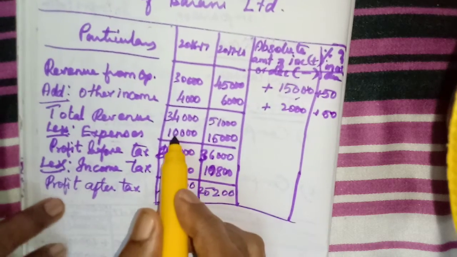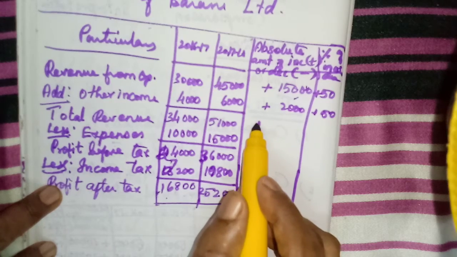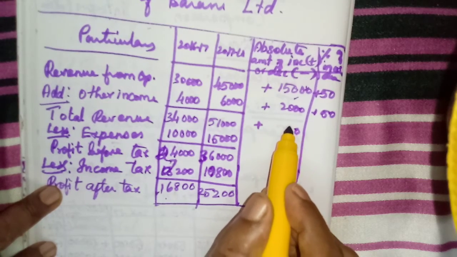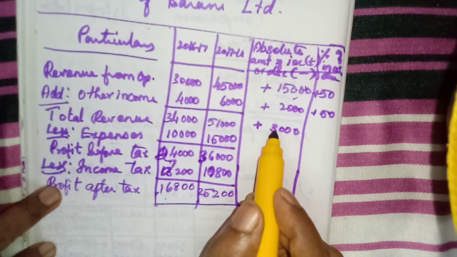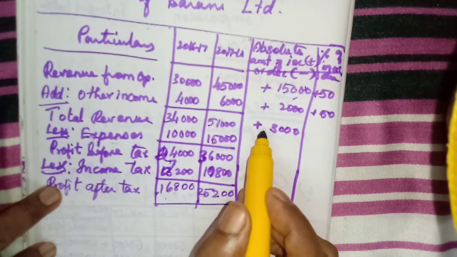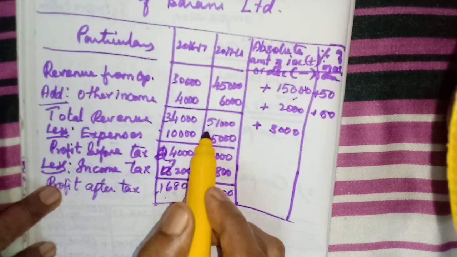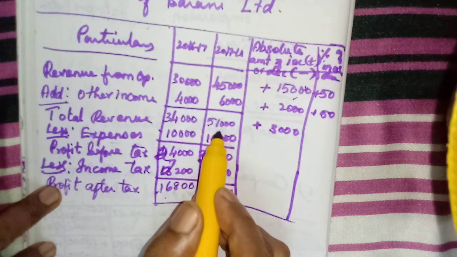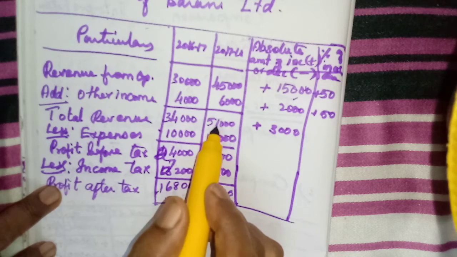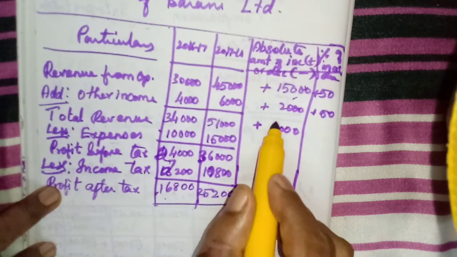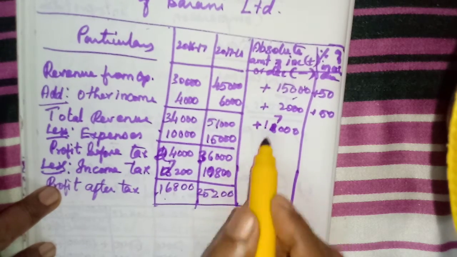Increase only, plus. Then 34,000, 51,000. Increase. How much? 0, 0, 0. 4 minus 1, 3. Here from this one only we need to deduct, isn't it? 11 minus 4, 7. 4 minus 3, 1.